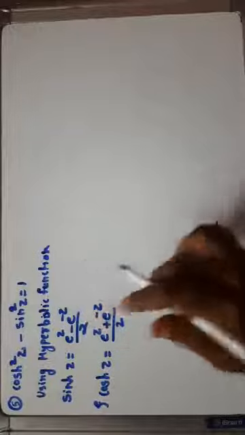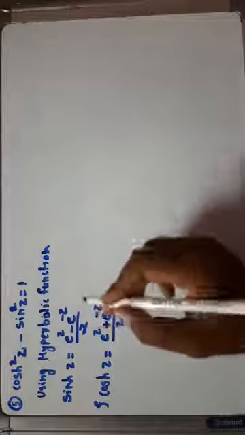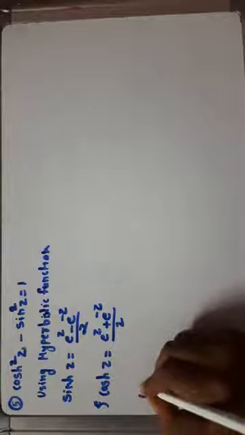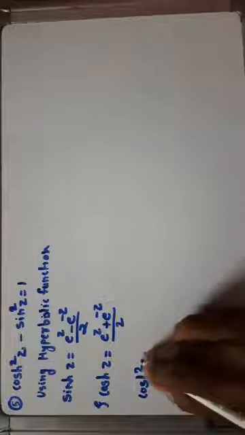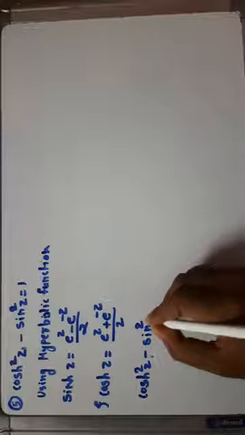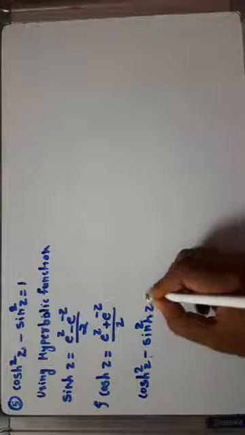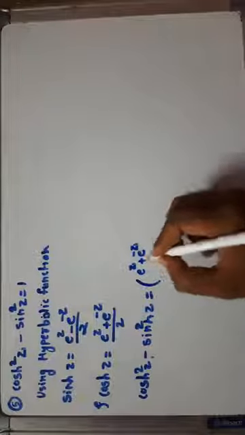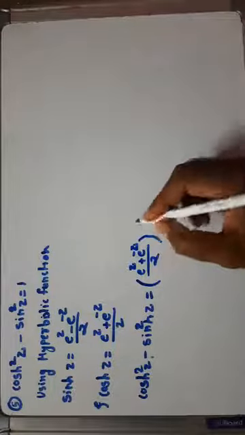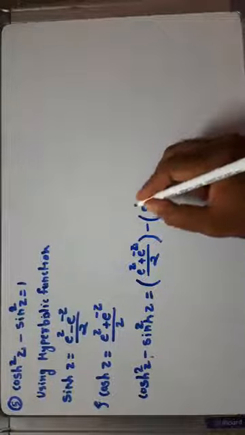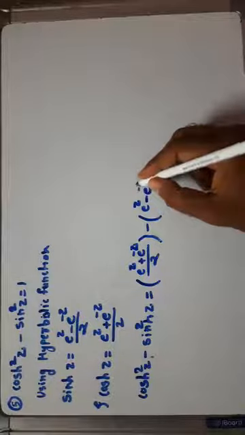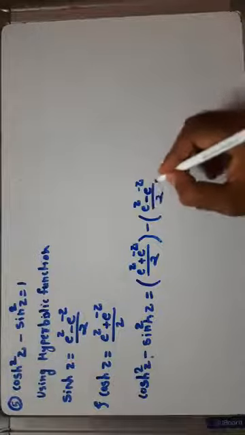Then using these two hyperbolic functions, squaring and subtracting the two hyperbolic functions, that means cosh square z minus sinh square z is equal to, in the first bracket, e raised to z plus e raised to minus z divided by 2, minus e raised to z minus e raised to minus z divided by 2.